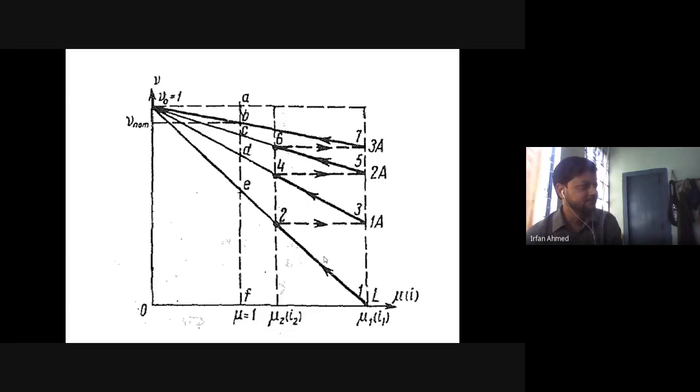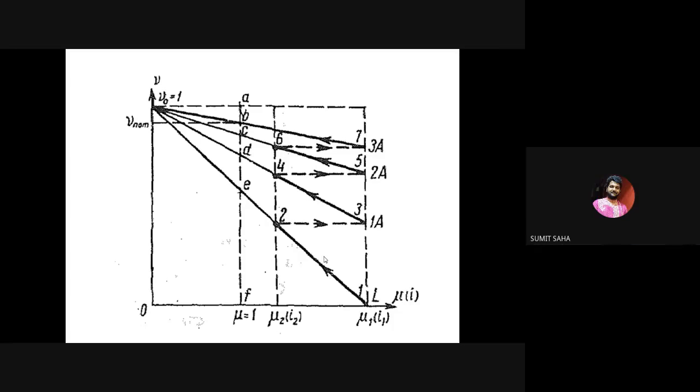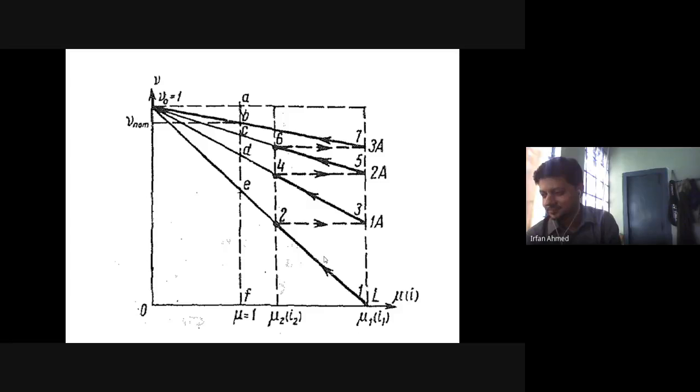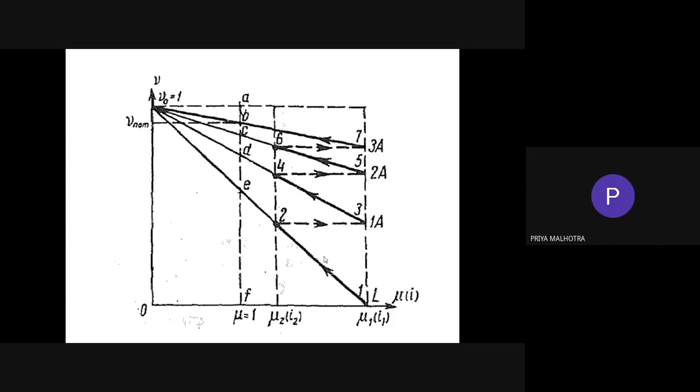Anyone else? Suman? Sumit and Suman. Why is mu2 greater than mu? Very simple answer. Very simple.